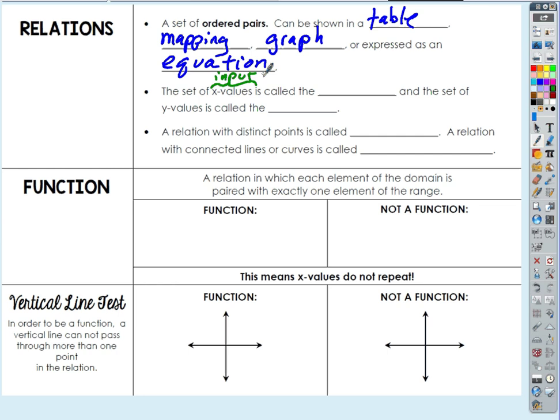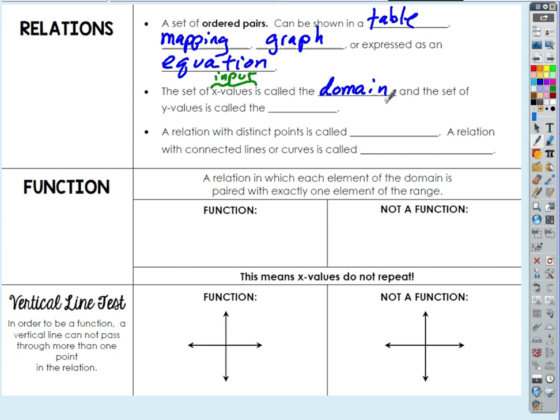It's been a skinny minute for me. So what do you call that? The set of all the x values, the inputs, starts with a D. Denominator. No. Division. What was it? Domain. The domain. There you go. Yay! Smart.